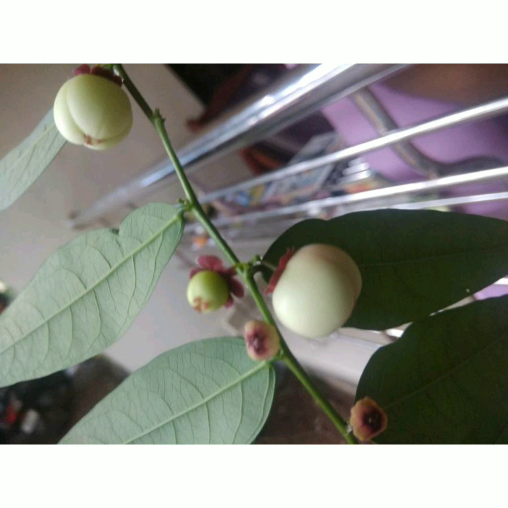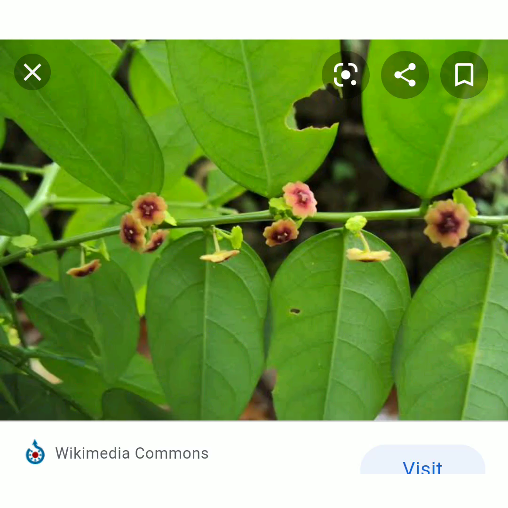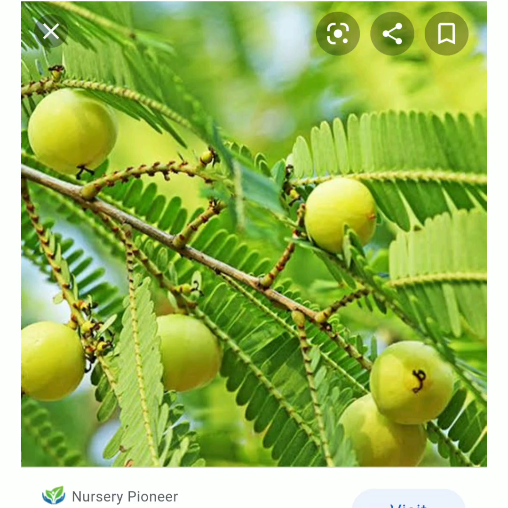Okay. Now do you observe the position of flowers and fruits in that plant? Is there any similarity with the amla or gooseberry? This plant resembles the gooseberry in the position of flowers and fruits. They are seen along the leaflets, just like Kirarnelli.